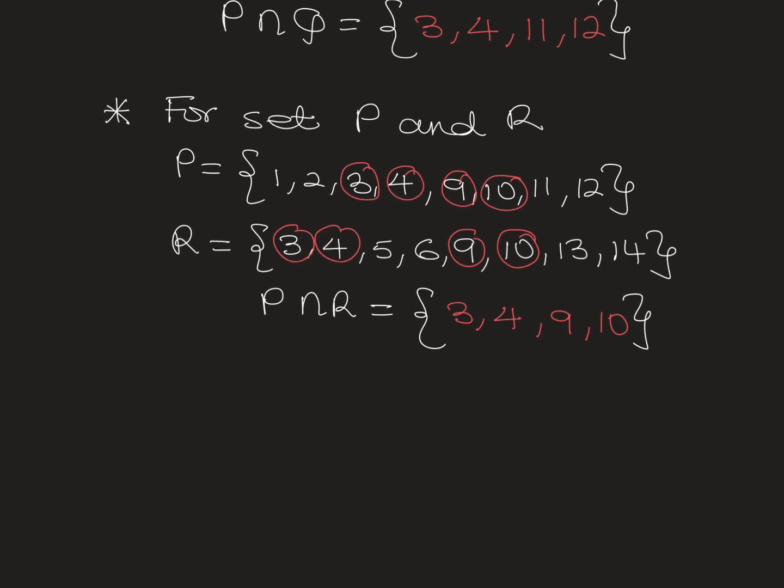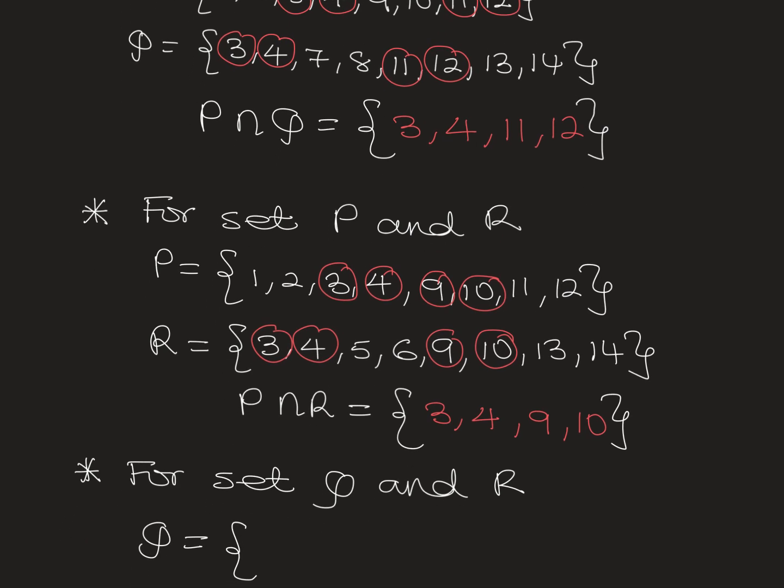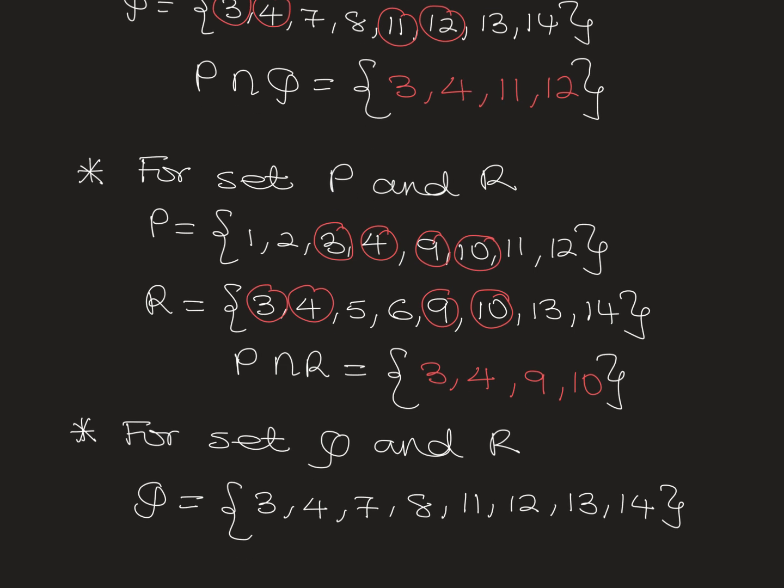And finally, for set Q and R. So what is set Q? Set Q is 3, 4, 7, 8, 11, 12, 13, and 14.